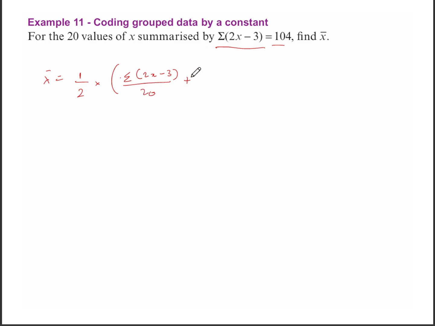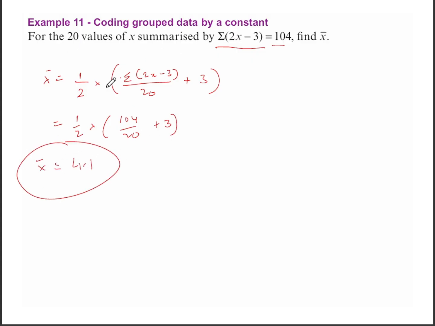Then we will add our constant here, the one that was subtracted from the original data, which is 3. That's how we do it. So what we get is 1 over 2 multiplied by 104 over 20 plus 3, which just gives us 4.1, and that's going to be our x bar for this question right here.